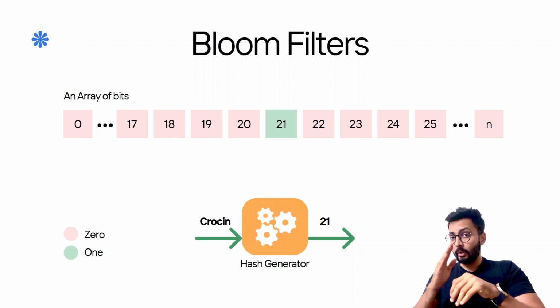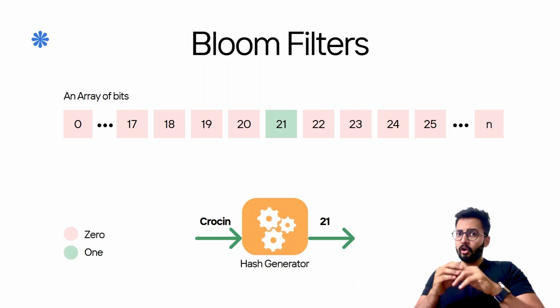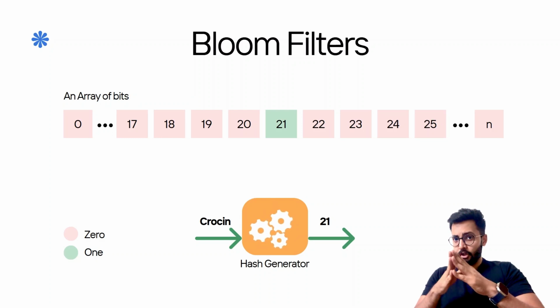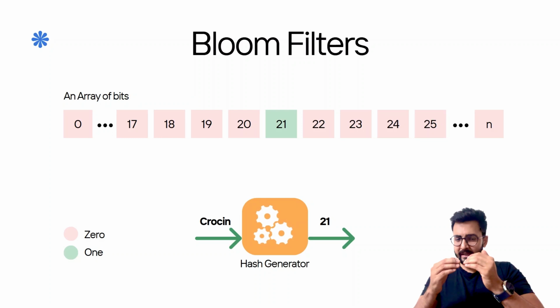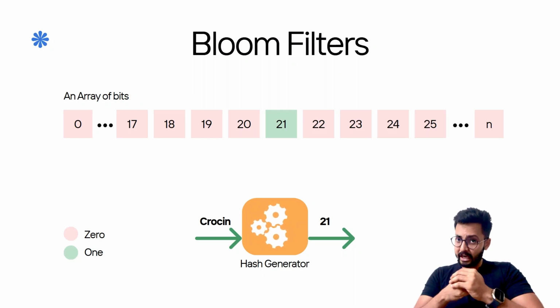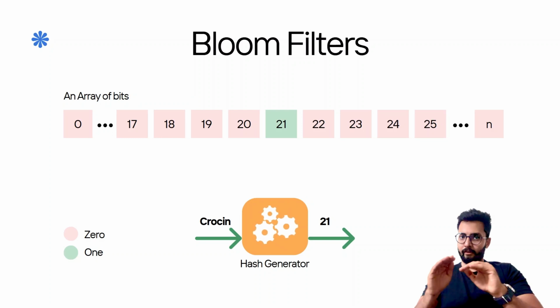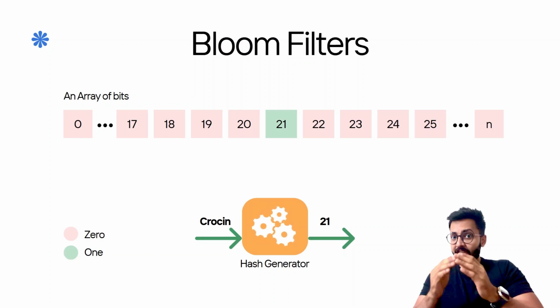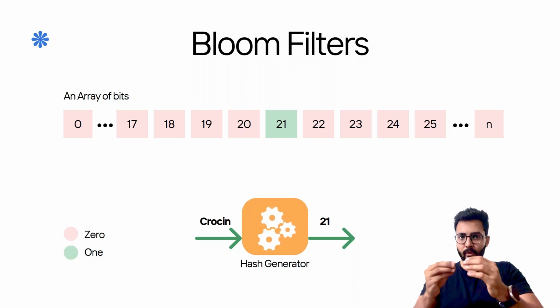This will turn on the 21st index of the array. Now, the same thing happens when a value is being searched. So whenever Crocin is passed as an input to the hash generator function, its value would be the same 21, which will be further checked in the array. If that index is turned off, the value is not available, and that is for sure. And if turned on, it is available. So that's how Bloom filters work.